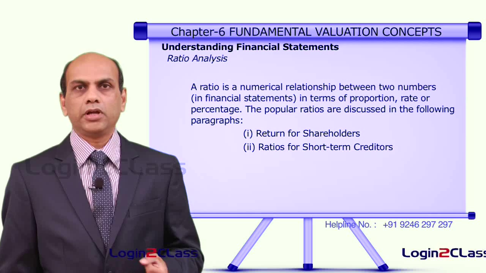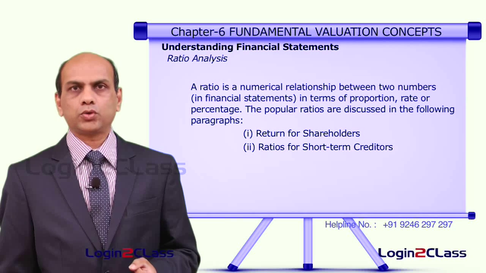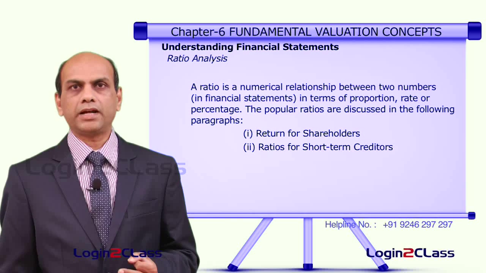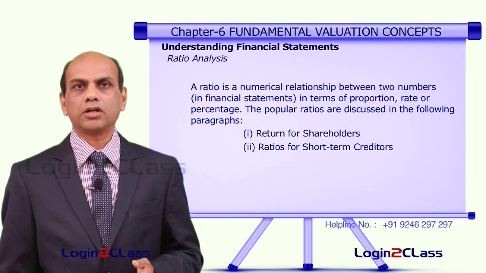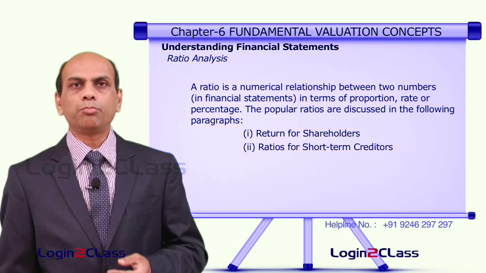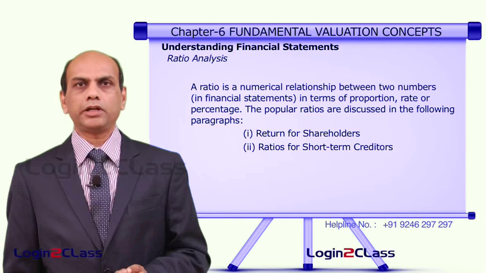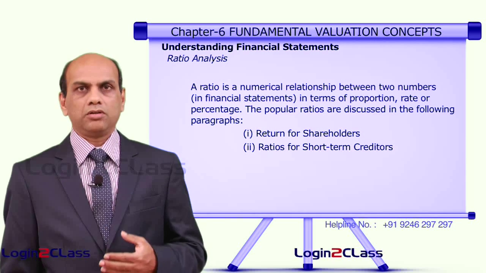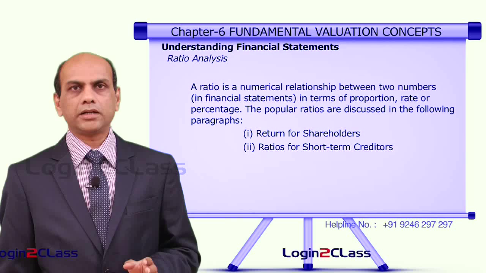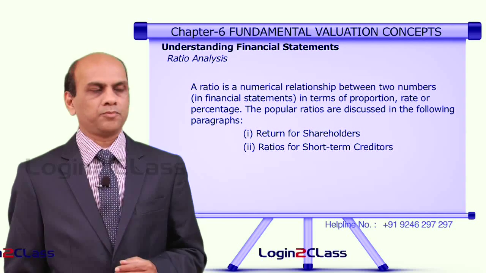For that purpose, they will analyze the asset ratios, the current asset ratios of these companies, so that when they provide credit to the company, they will be confident of getting their money back. For this purpose, we can use the balance sheet and profit and loss statement and work out various ratios under the category of ratios for short term creditors.